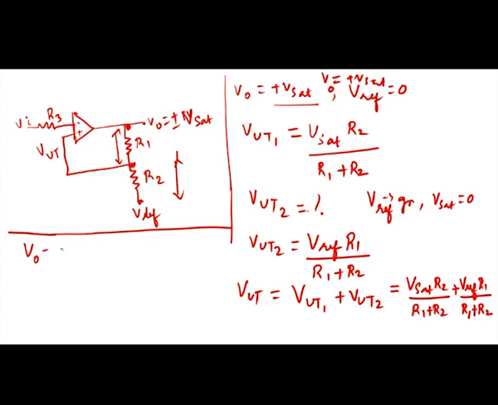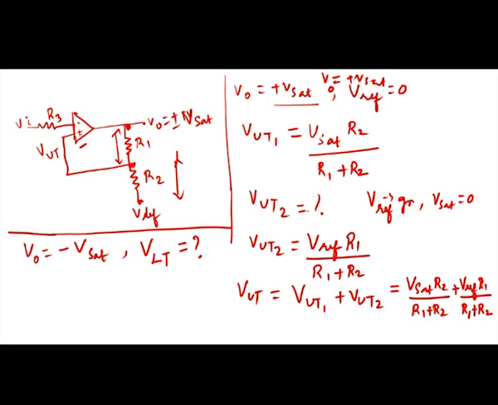If the output of the comparator is minus V saturation, then the voltage present at the positive terminal is represented as VLT. VLT is the lower threshold voltage. And again, by using the superposition theorem, we have two voltages. So, using the superposition theorem, we are going to calculate what is VLT1 and VLT2. Finally, add both the voltages to get the threshold voltage applied at the positive terminal of the operational amplifier.